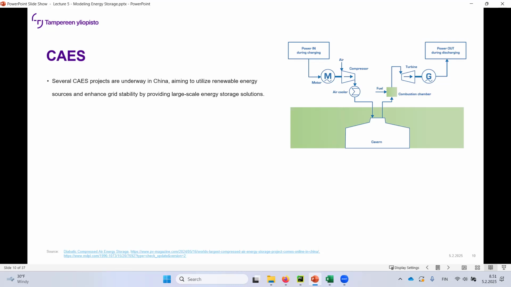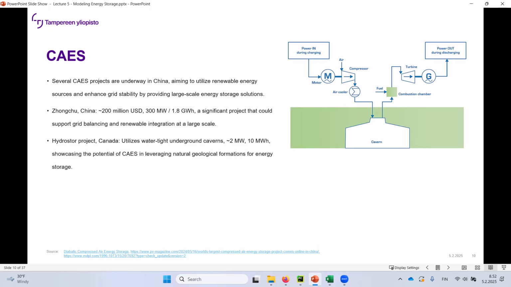There are projects underway in China related to, again, utilizing renewable energy sources. So 1,200 million US dollars, 300 megawatts and 1.8 gigawatt hours. So grid balancing and renewable integration on a larger scale.